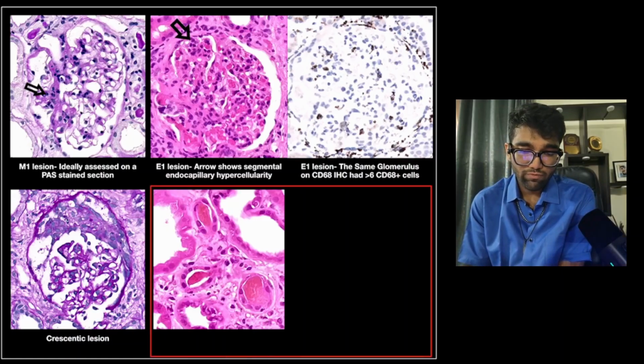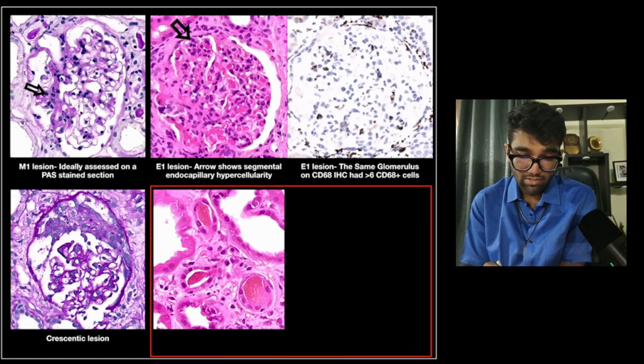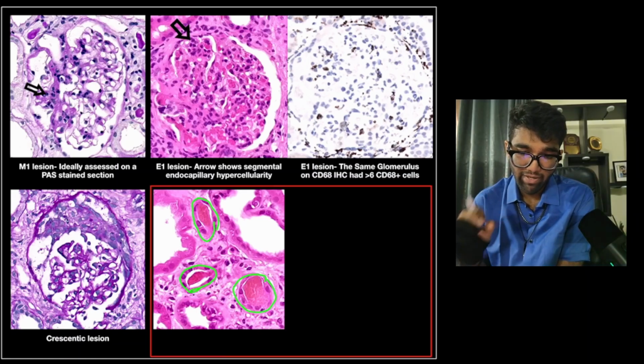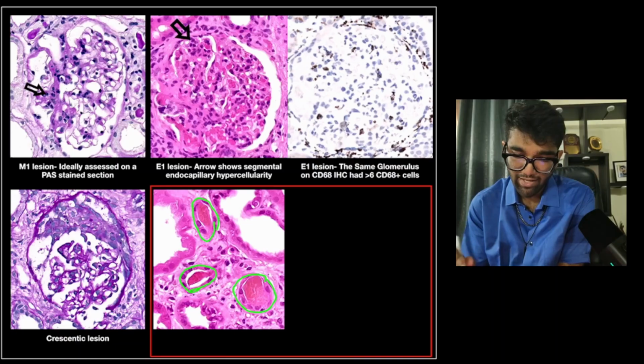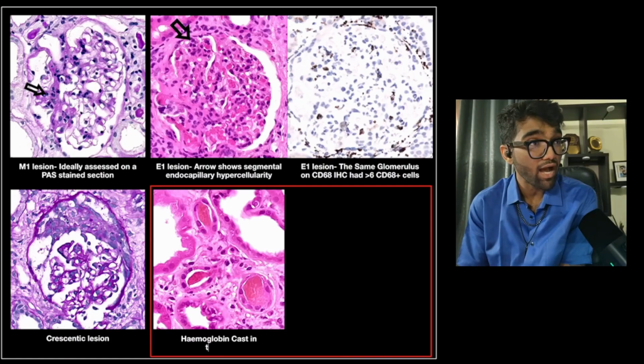Now, there are two findings that are not mentioned in the MEST-C classification or the Oxford classification. The first is these renal interstitial vessels that are embedded in the renal interstitium, and these are actually arterioles. Arterioles in the interstitium showing hemoglobin cast deposition.